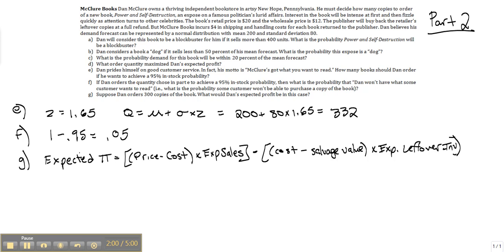That formula basically reflects the profit for those books that will sell less the overage cost of those that we have left over.